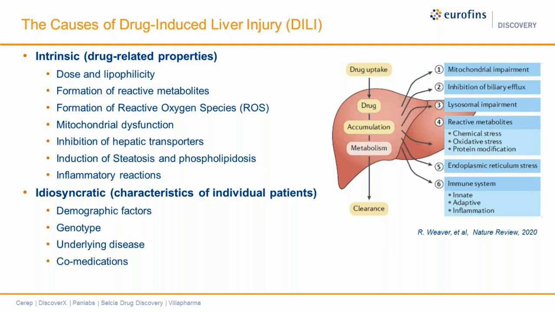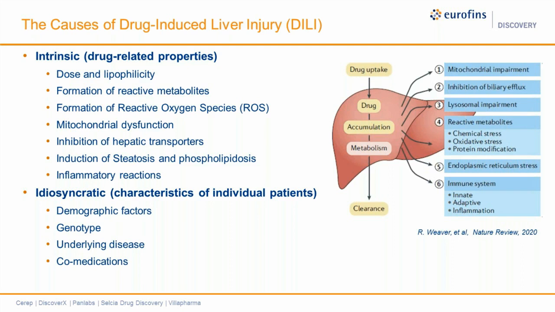Inhibition of hepatic transporters, particularly the bile salt export pump, BSEP, could cause DILI. BSEP is responsible for the biliary excretion of bile acids. The inhibition of BSEP leads to the accumulation of cytotoxic bile acids in hepatocytes. Inhibition of other hepatic transporters, such as PGP and MRP2, 3, and 4, is reported to be related to DILI risk.